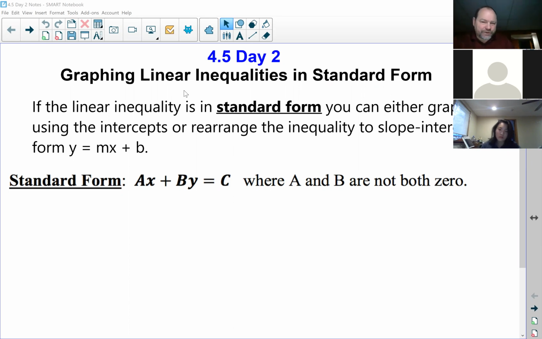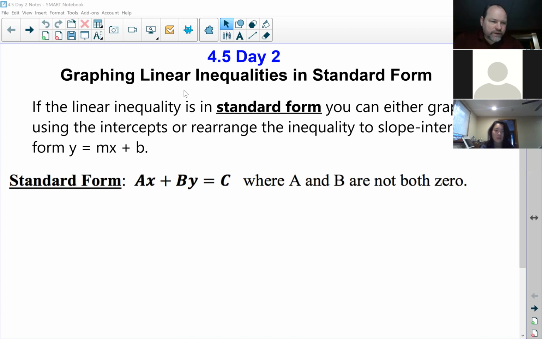And we really have two choices. We can either find the x and the y intercepts and graph the line from there. And then there's a method that we can use to determine where we should shade. Or we could rewrite the inequality so it's in that slope-intercept form, the y equals mx plus b form.